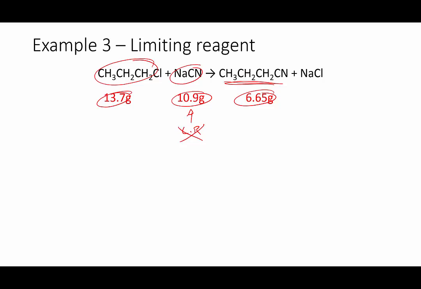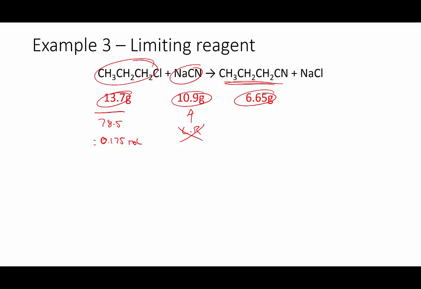Let's talk about the 1-chloropropane. We're starting off with 13.7 grams. The MR of 1-chloropropane is 78.5. The moles, we should get 0.175 mole. Let's do the same thing for sodium cyanide.